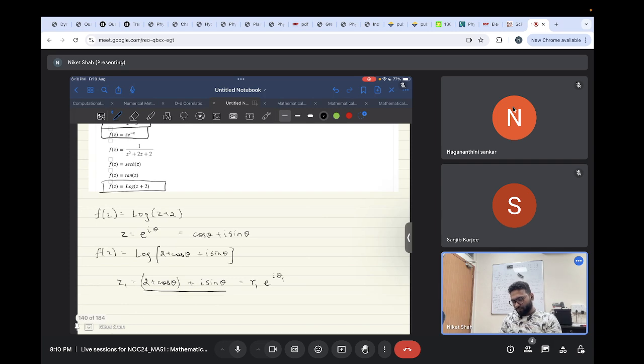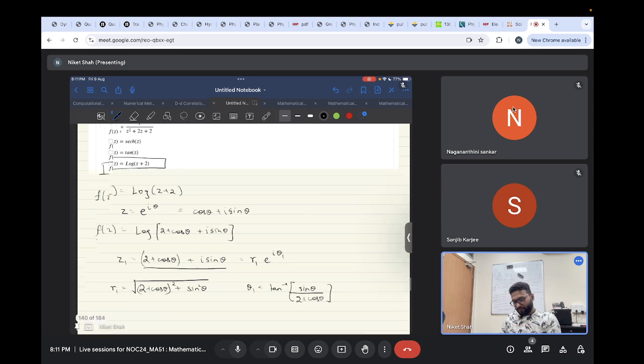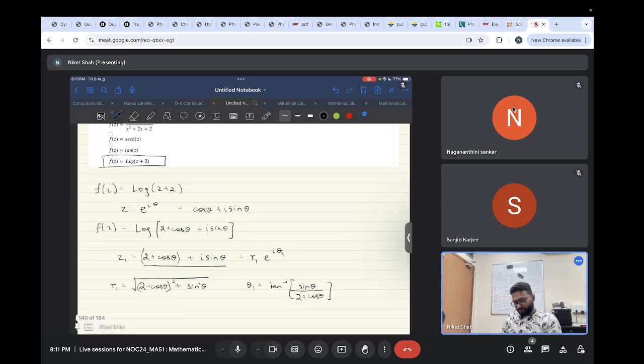So what would be r1? R1 would simply be square root of x square plus y square. So 2 plus cos theta the whole square plus sine square theta, and theta 1 is equal to tan inverse sine theta divided by 2 plus cos theta, right?